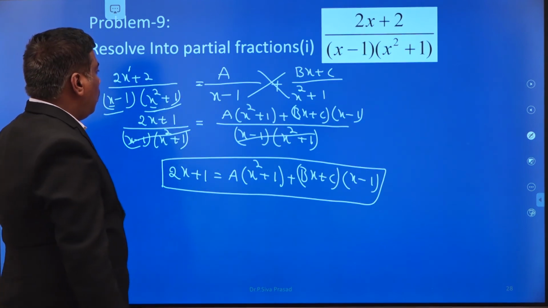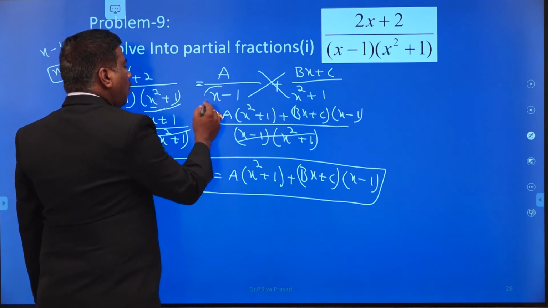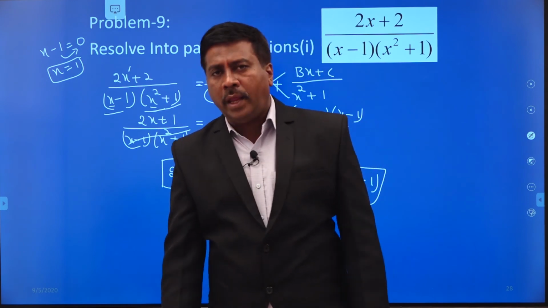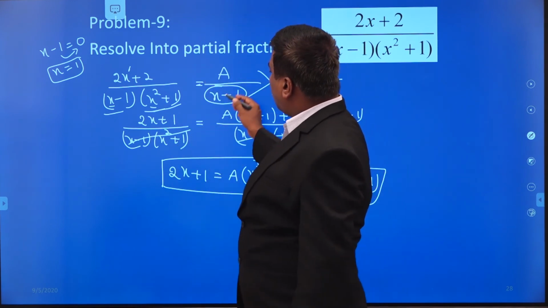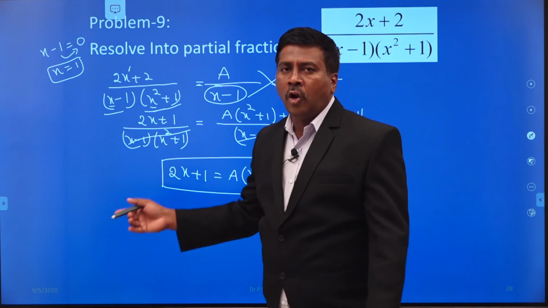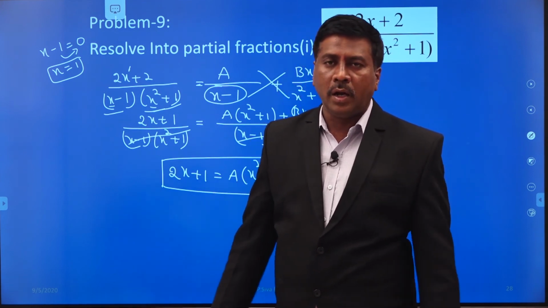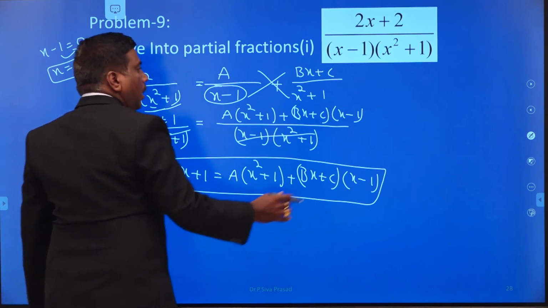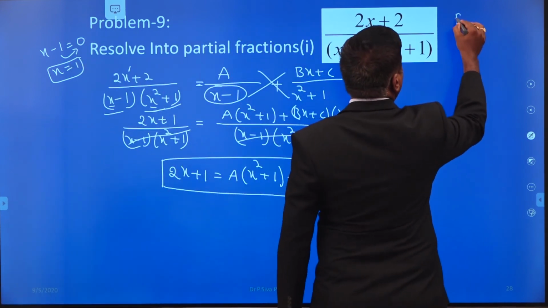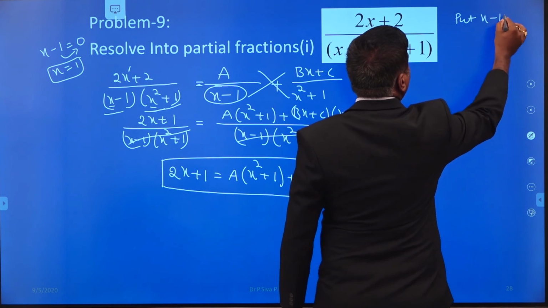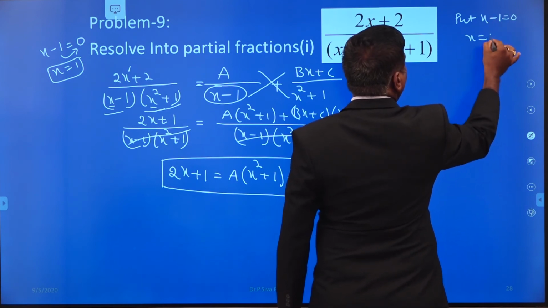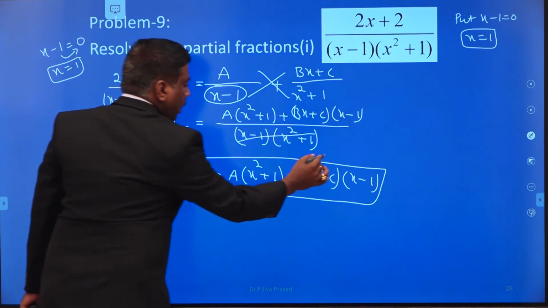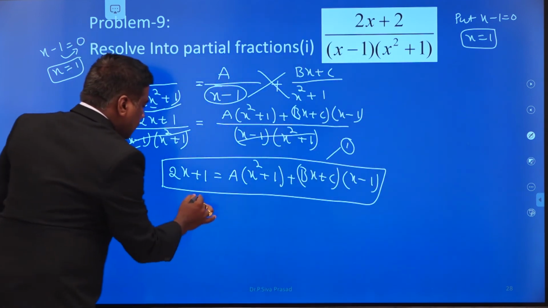Now, I want to find the value for A. Whatever value makes the denominator of A zero, you put that value in this relation, then automatically we will get the value for A. You already have to know that. Therefore, for getting the value of A, put x minus 1 equal to 0, then we get x equal to 1.